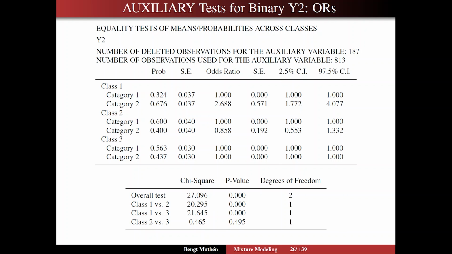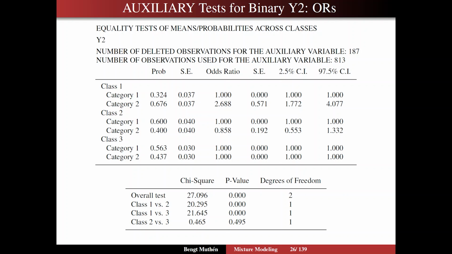So in conclusion, the answer to the question, does the latent class variable have an effect on Y2? Well, when we compare class 1 with class 3, the answer is yes, because the confidence interval does not include 1. But when we compare class 2 to class 3, the answer is no. We have an insignificance there. The confidence interval covers 1.